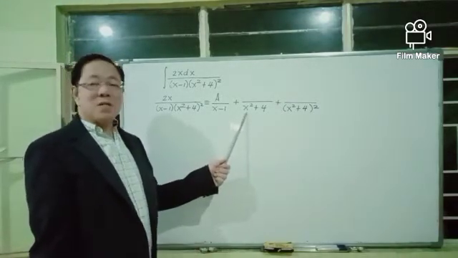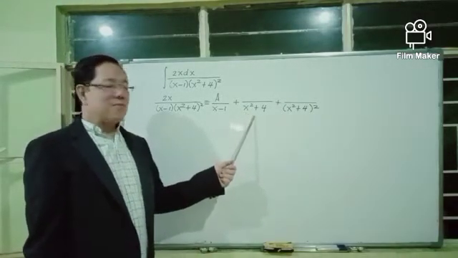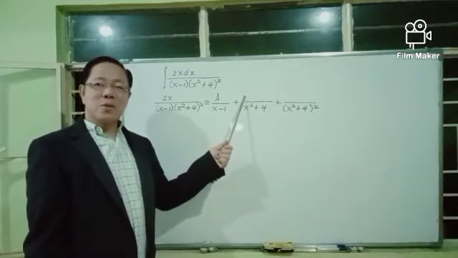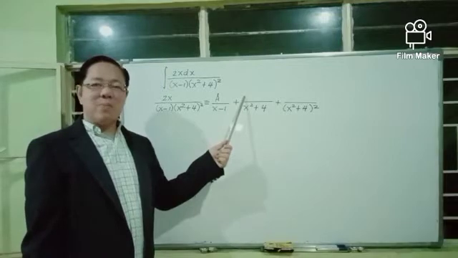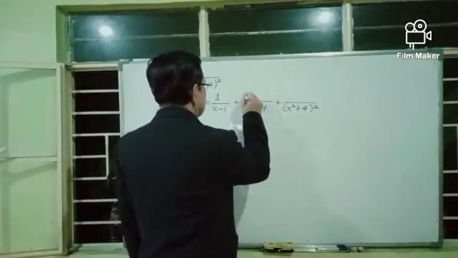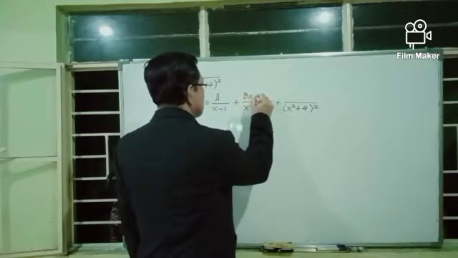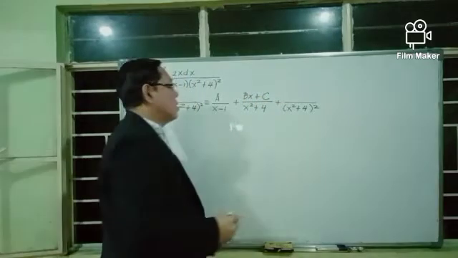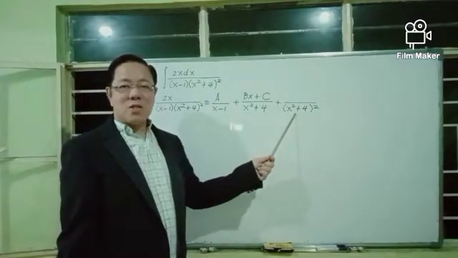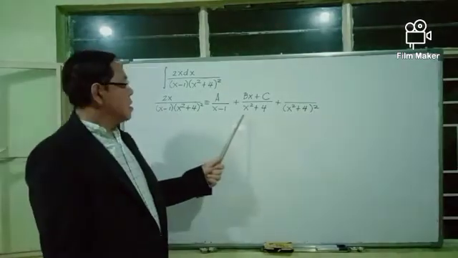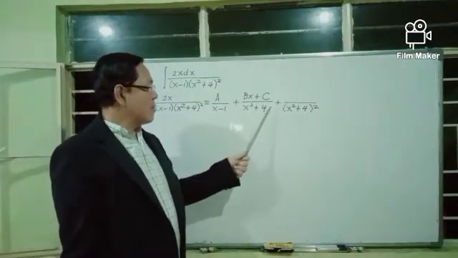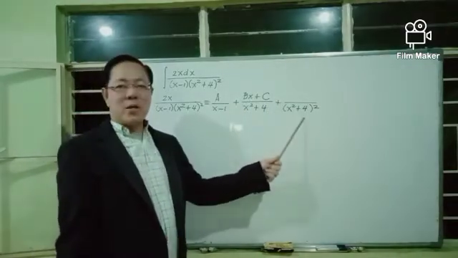For the first quadratic factor x squared plus 4, our numerator will have two constants of the form Bx plus C. And the last term contains this quadratic expression to the power 2.